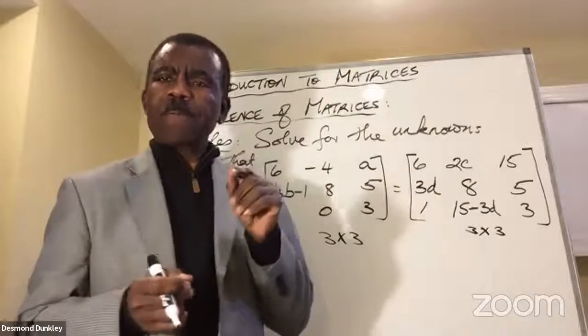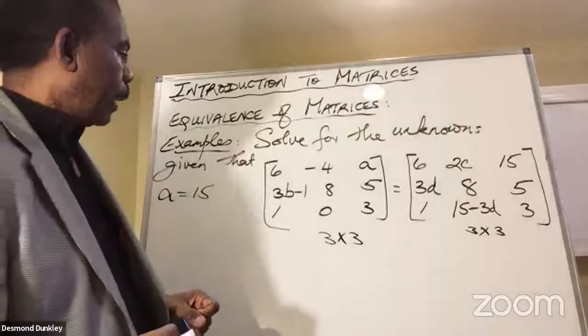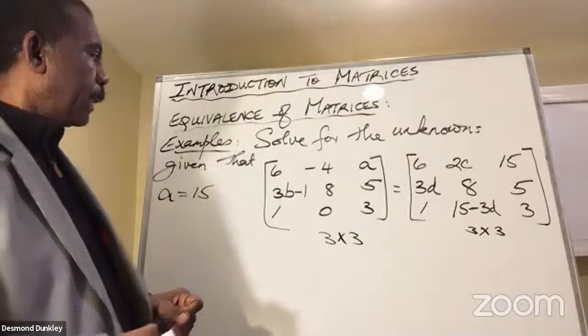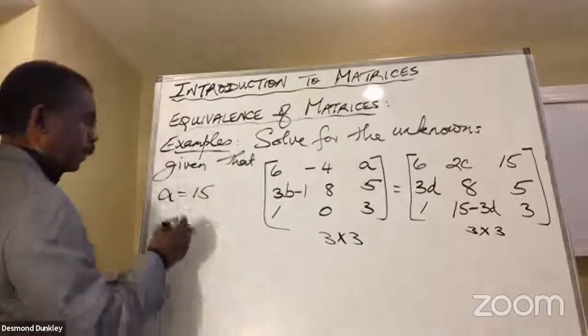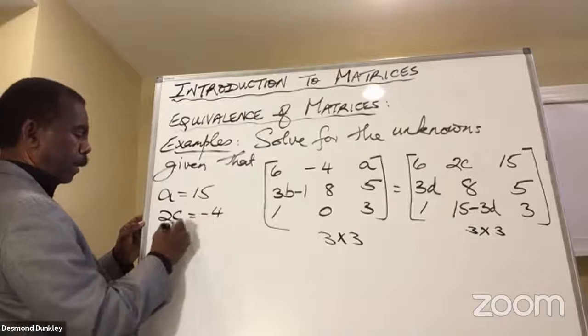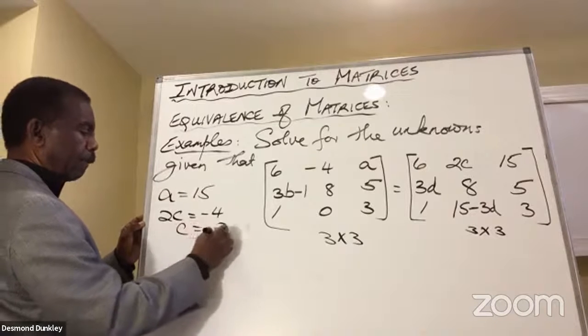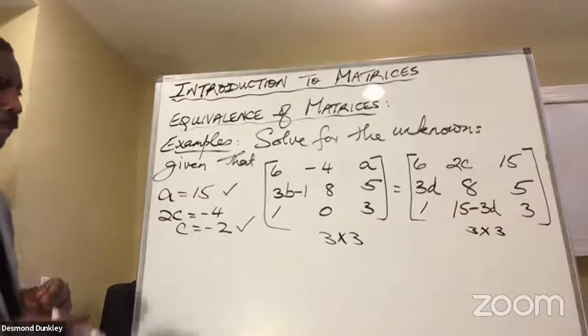Let's work on the others first, and then we'll come back and see if we could fix that. So let's see, what else do we have? We have C. Negative 4 is equal to 2C. So you could write 2C equal to negative 4. Therefore, C is equal to negative 2.